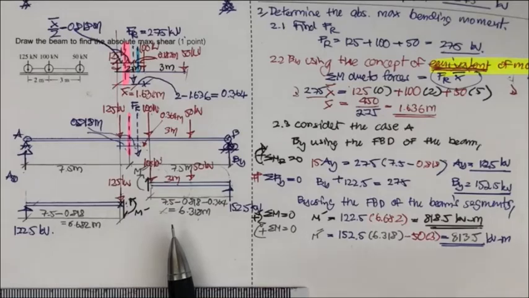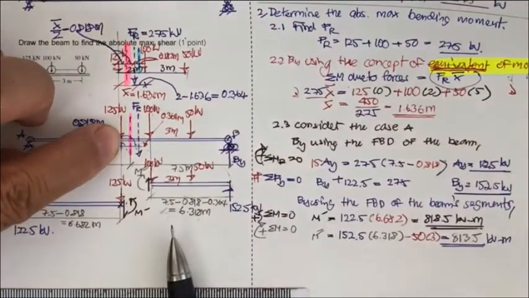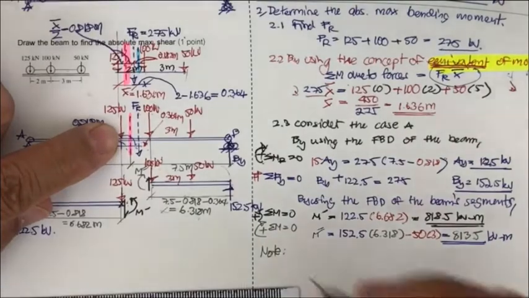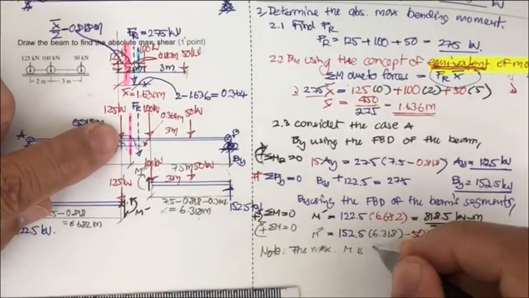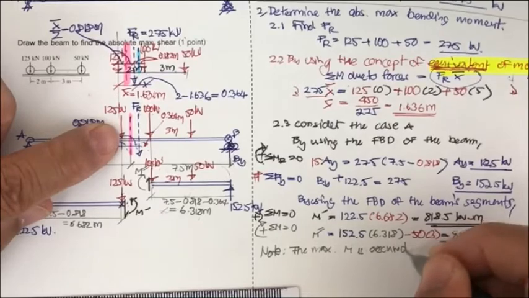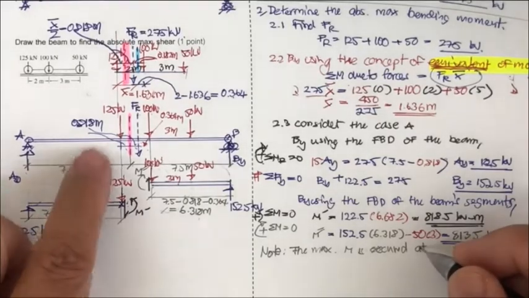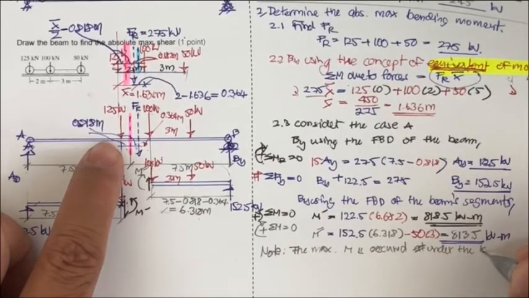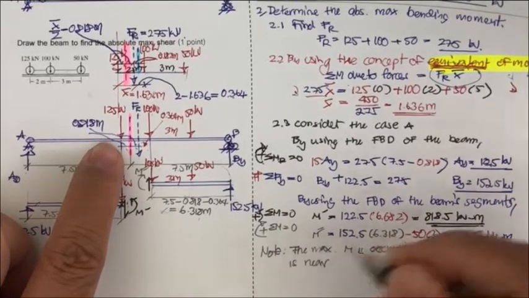So we arrive with something. The general rule says the maximum will occur under the force, that's near the F sub R. And now we arrive at a conclusion that the maximum M actually occurs under the load, under the load or the force that is near what?